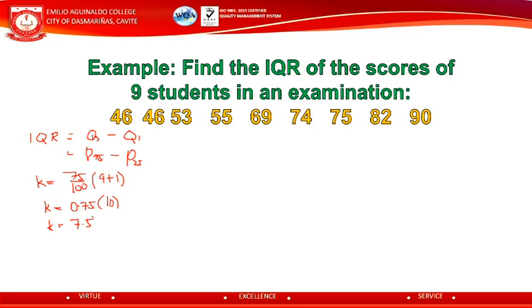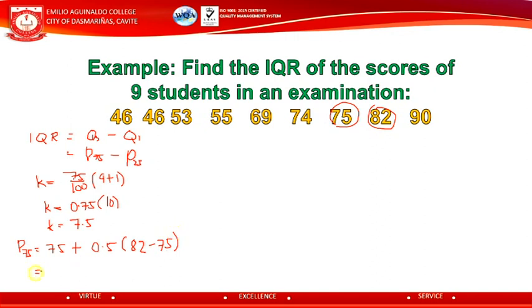Now, we can already locate our third quartile using the formula for interpolation. P75 is equal to the 7th data point and our 8th data point. Let us write the 7th data point first, plus the remaining 0.5 times the difference between the 8th data point and the 7th data point, which is 82 minus 75.